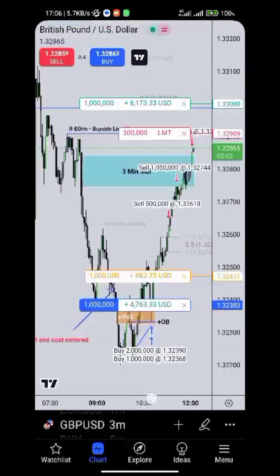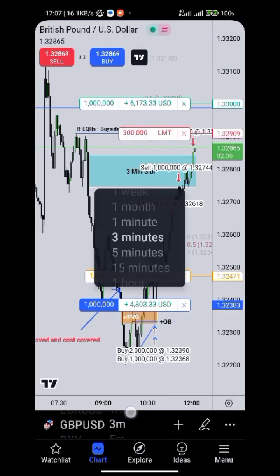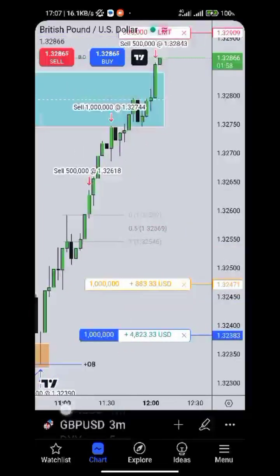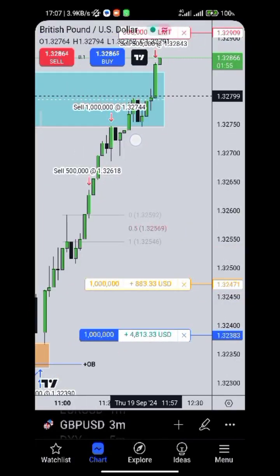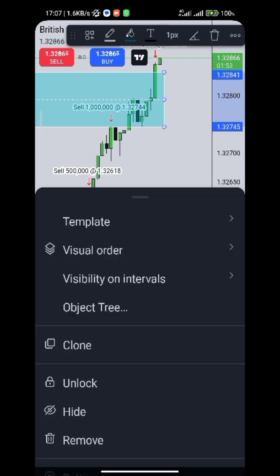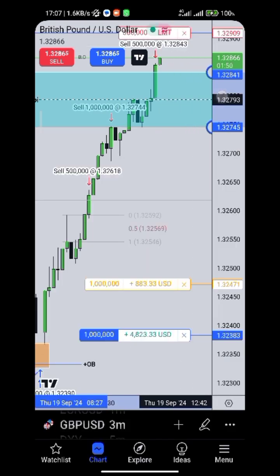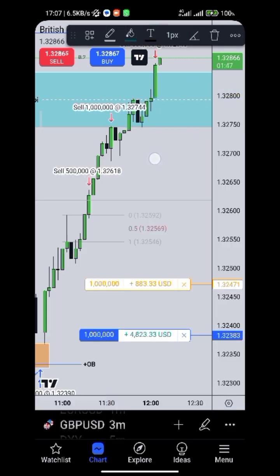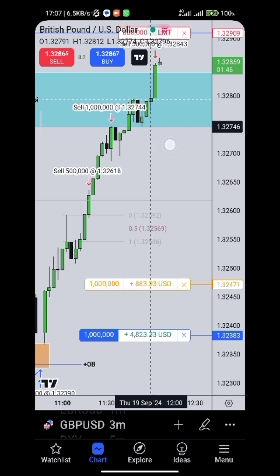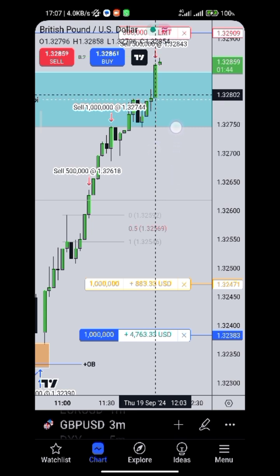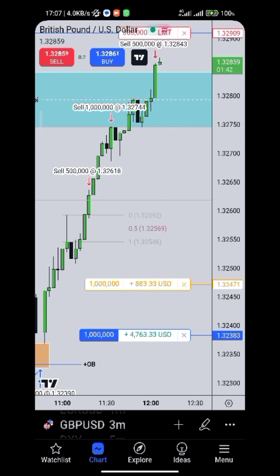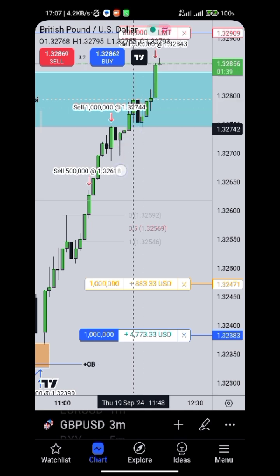So there you go. It has been booked. That was the high. I told you, remember? I said that until bodies start to close above the consequent encroachment of this inefficiency, I said that live here. And you see right here, 12 o'clock, this closed slightly above, and what happened next? Traded through.